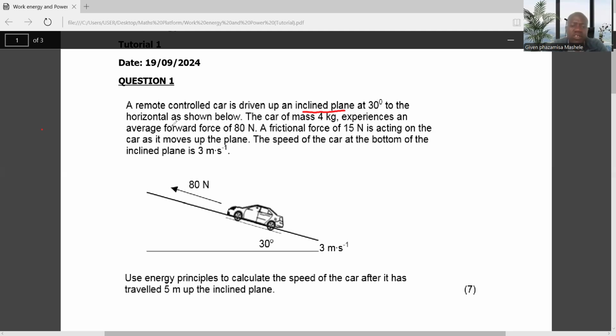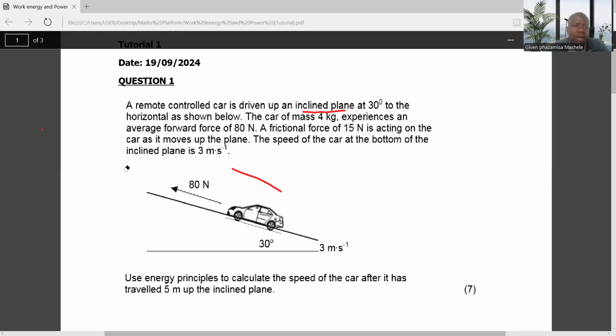So what they're trying to say is that this remote car is moving up in that direction, on an inclined plane that forms an angle of 30 degrees with the horizontal. This is what we are given. So the object is moving upwards.